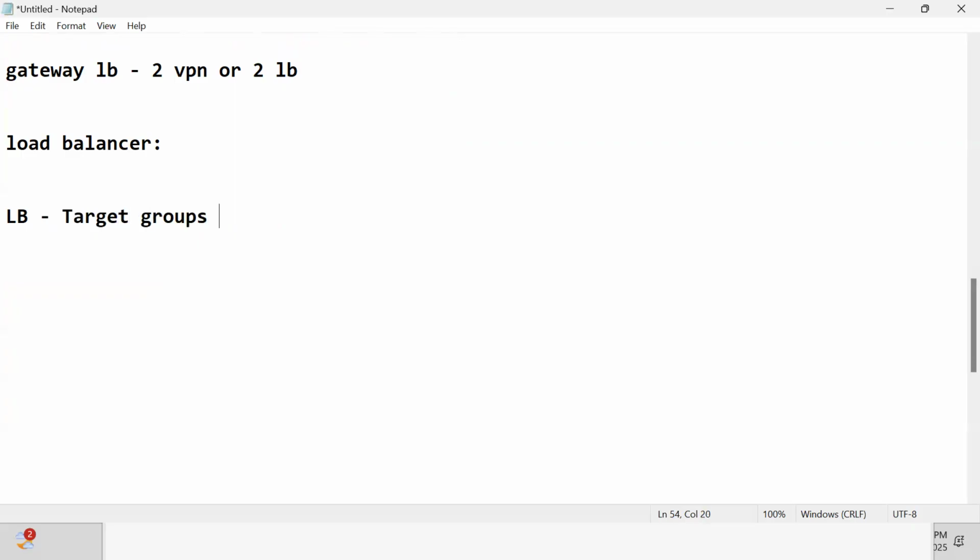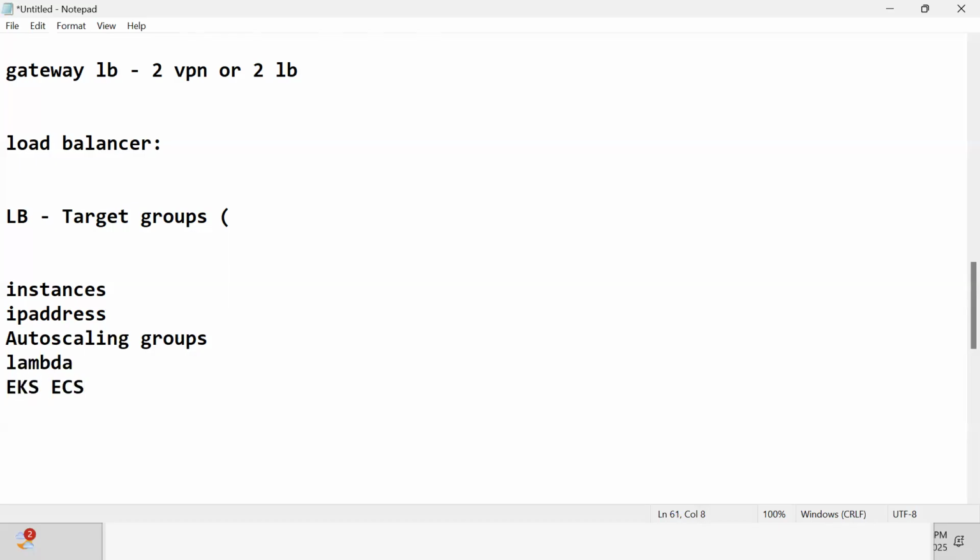Okay, so the backend target groups are nothing but instances, or we can directly use IP addresses, or we can attach auto scaling groups, or now we can attach even Lambda, or we can use EKS or ECS kind of services if we are building microservices. All these targets we can attach.